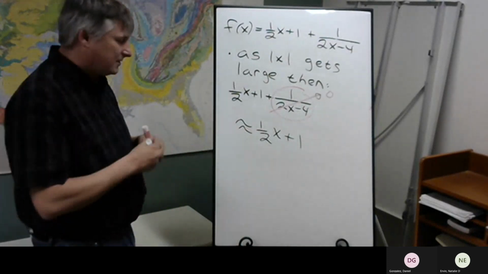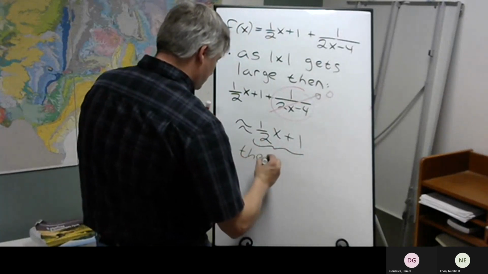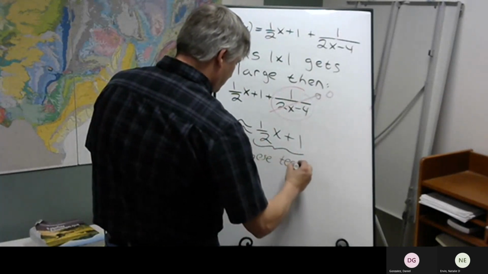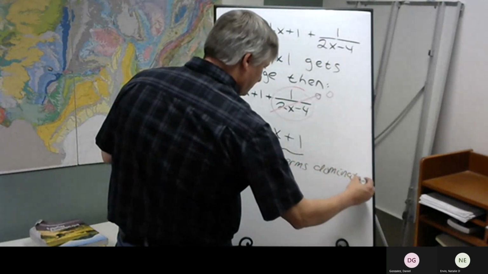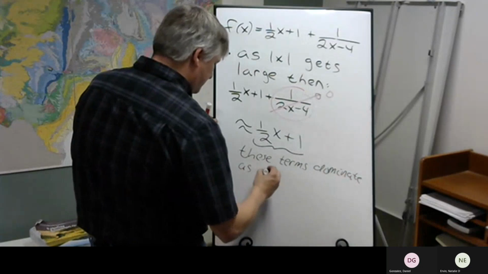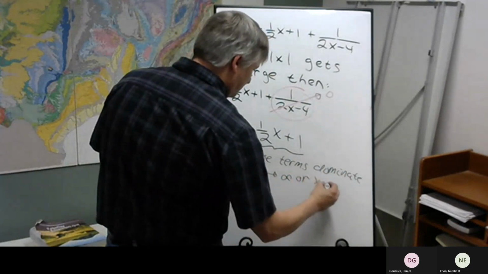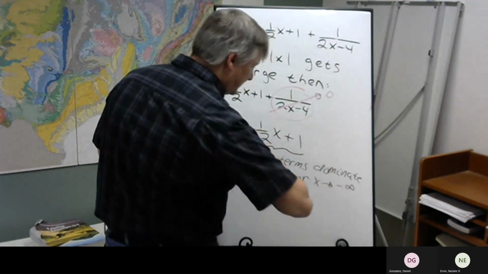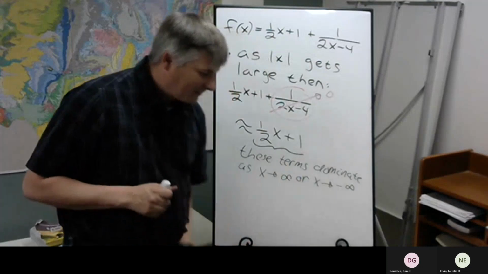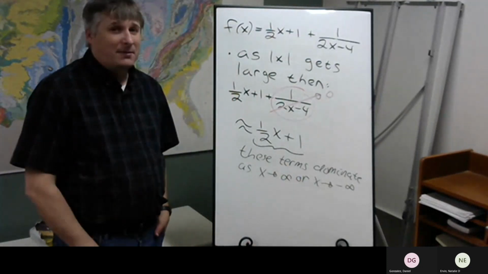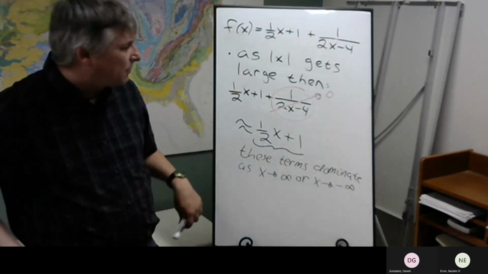So what we say here is that these terms dominate as x goes to infinity or x goes to negative infinity. Questions about that? And again, this is a rehash of the example we saw last time. I just wanted to go through it.